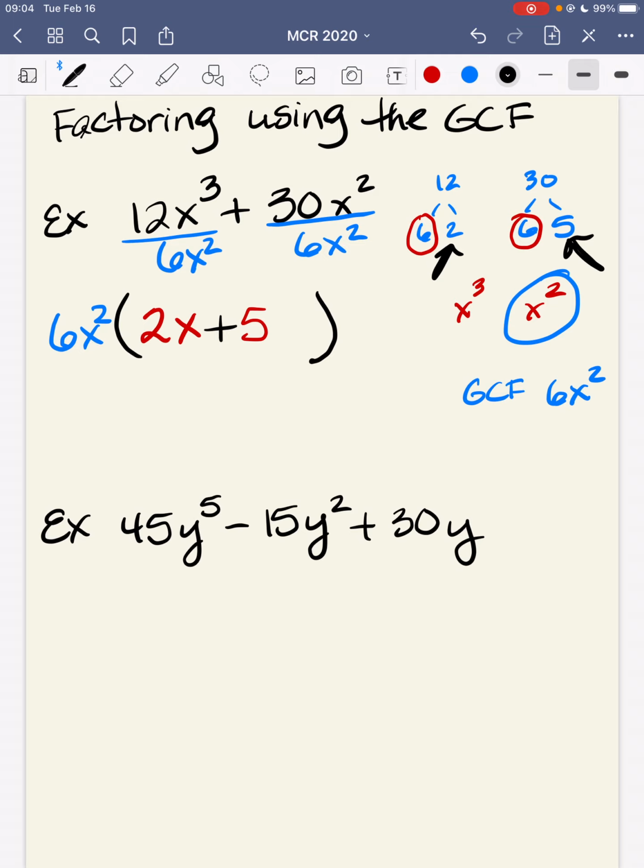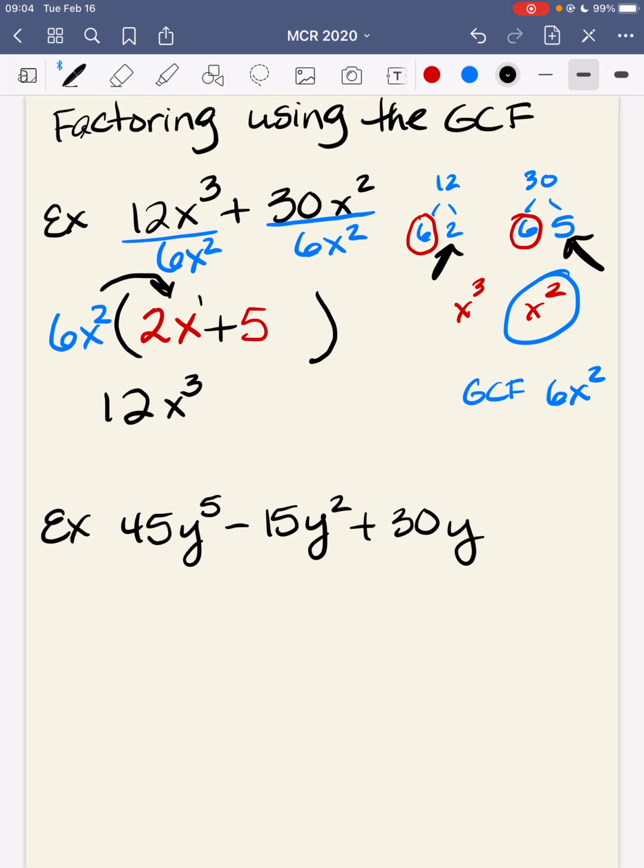Okay, so if I want to check this, and you probably should, we go back through and distribute. So we do our multiplication just to make sure I end up back where I started from. So 6 times 2 is 12. X squared times x, remember we add the exponents, so 2 plus 1 is x to the third.